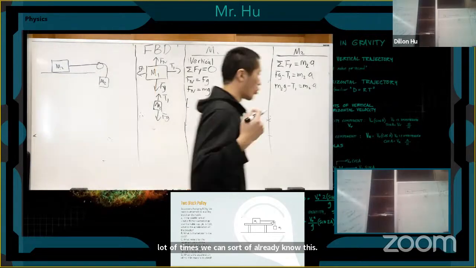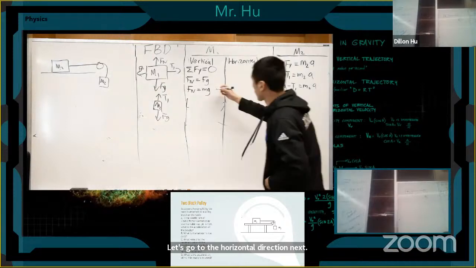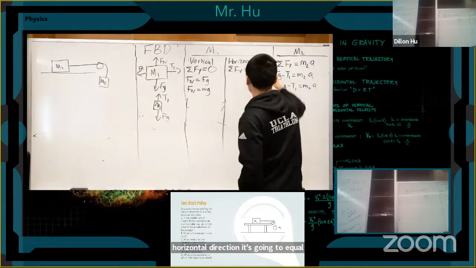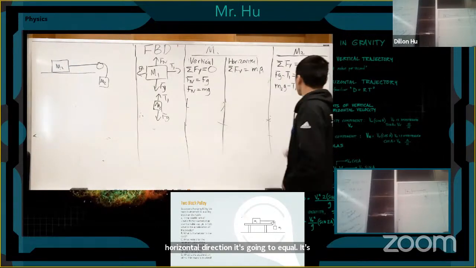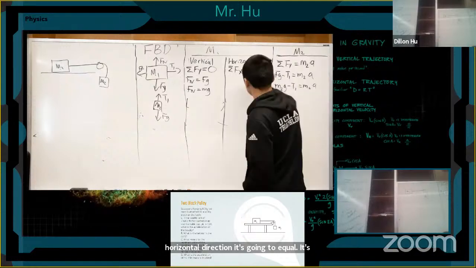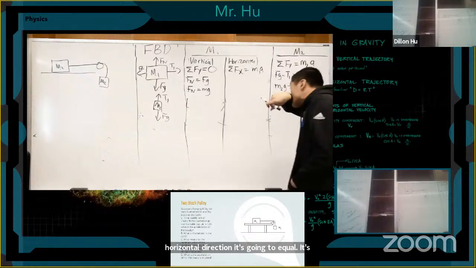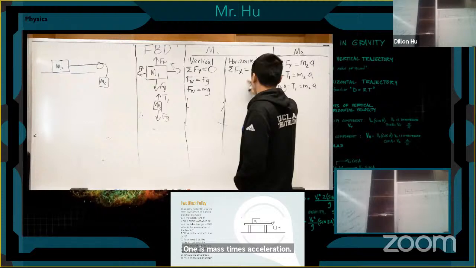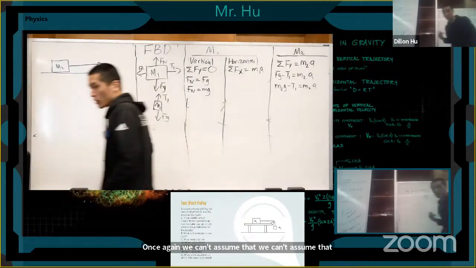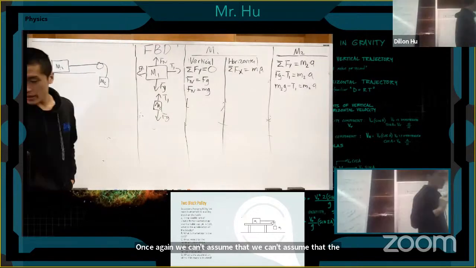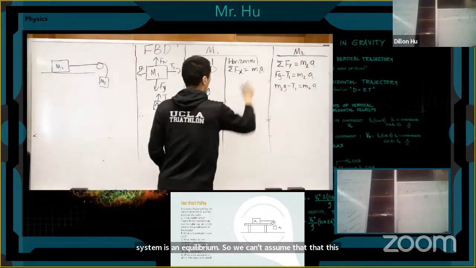Let's go to the horizontal direction next. The sum of all forces in the horizontal direction is going to equal M1's mass times acceleration. Once again, we can't assume that the system is in equilibrium, so we can't assume that this is going to equal zero.